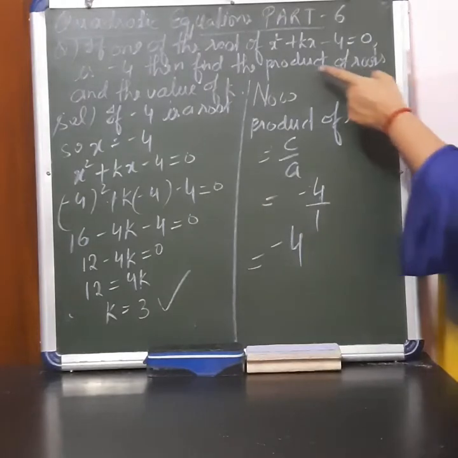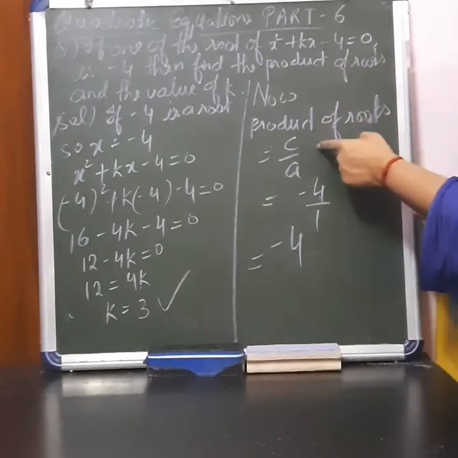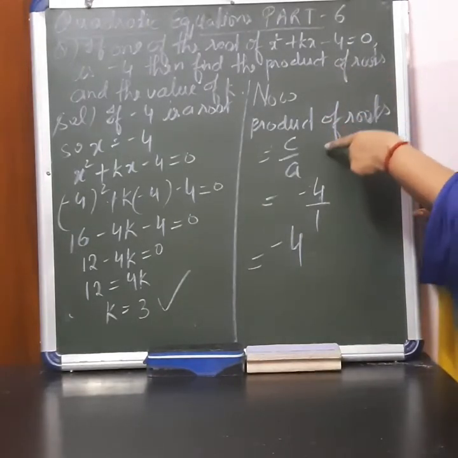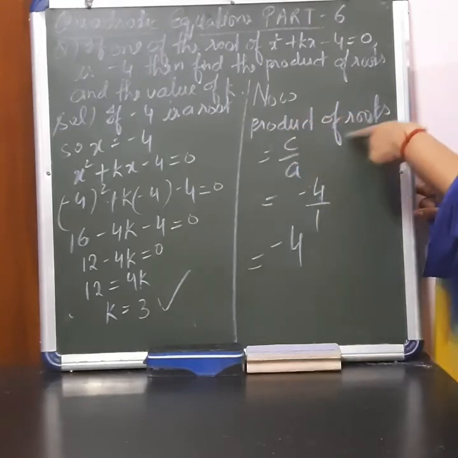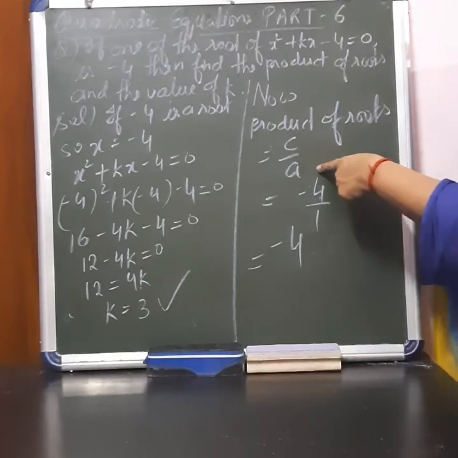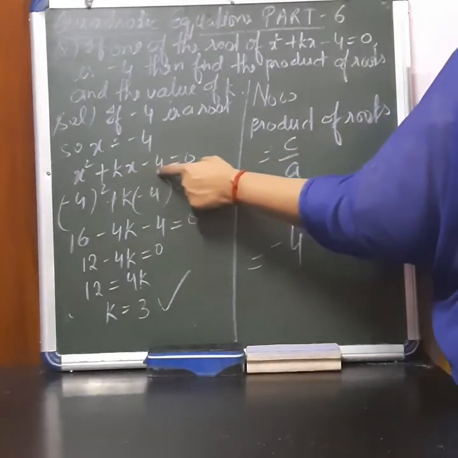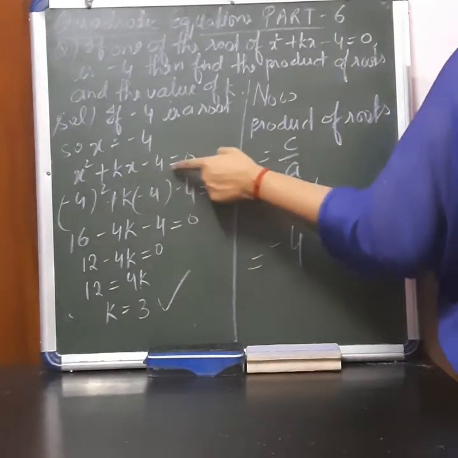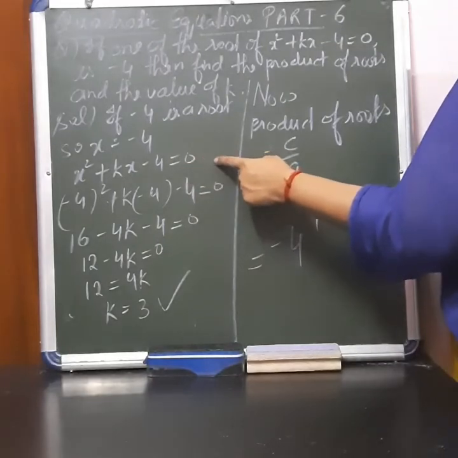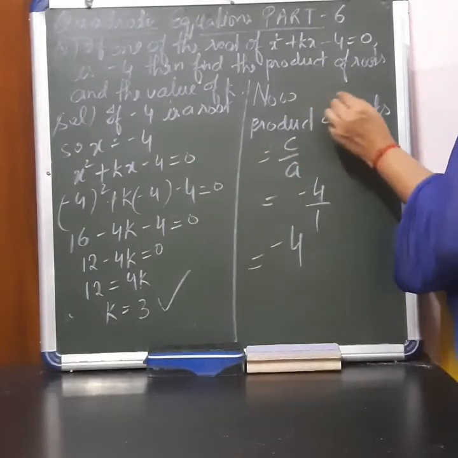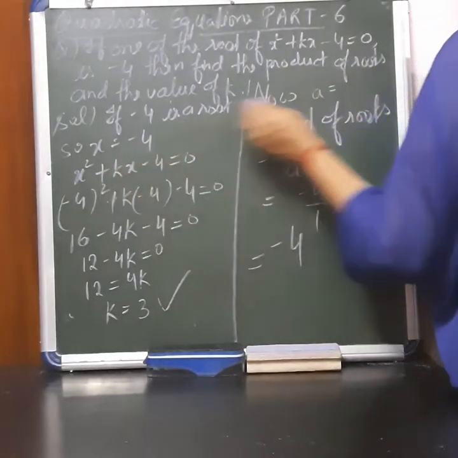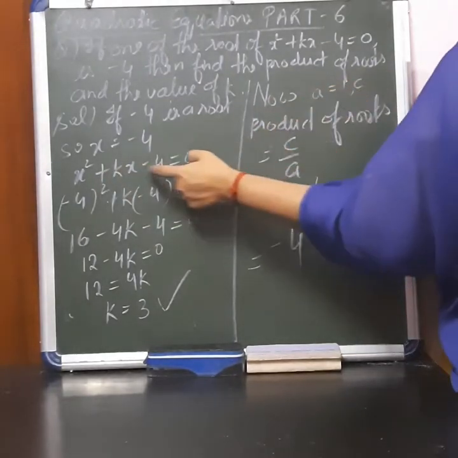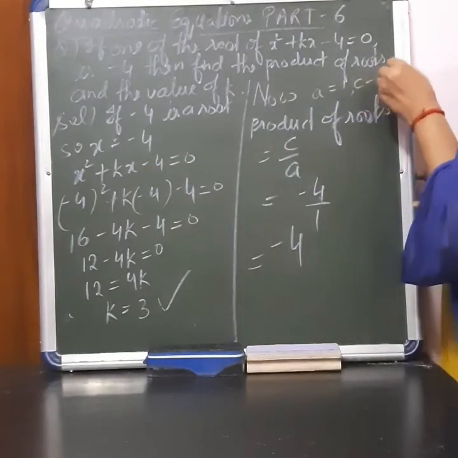Now in the next part of this question, you have to find the product of roots, and by the formula, the product of roots is c upon a. In this quadratic equation, first you will find the value of a, which is 1, and the value of c, the constant, is minus 4.